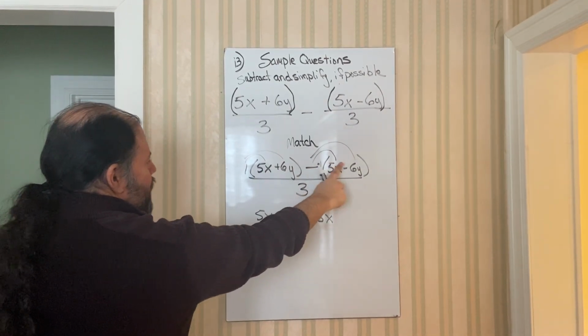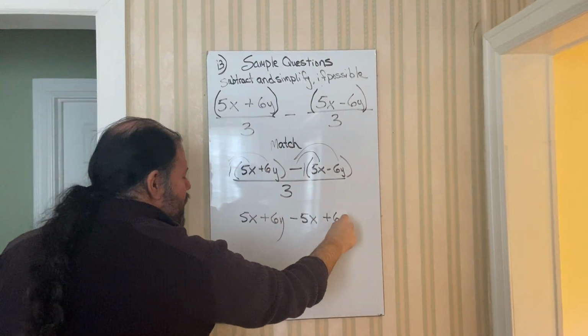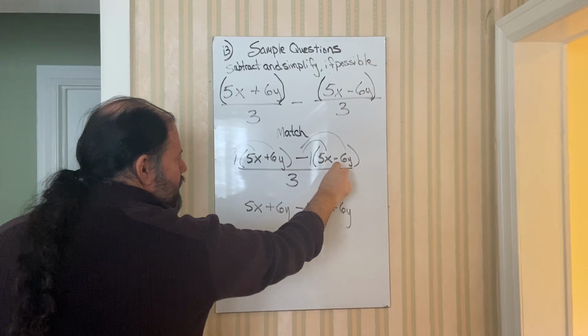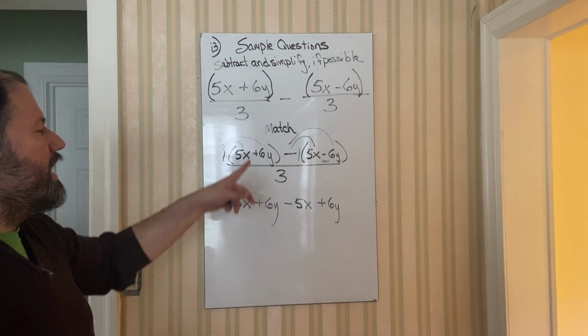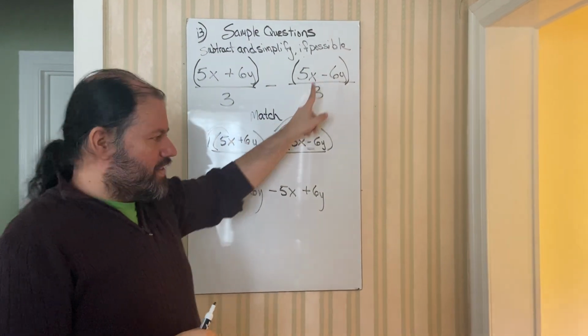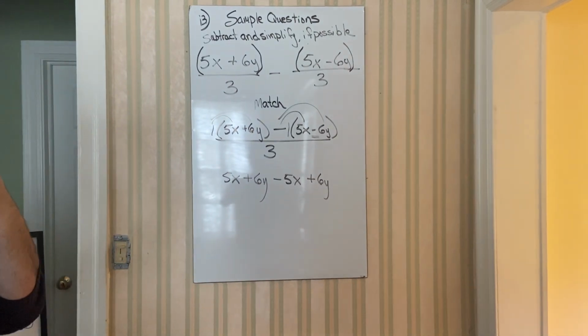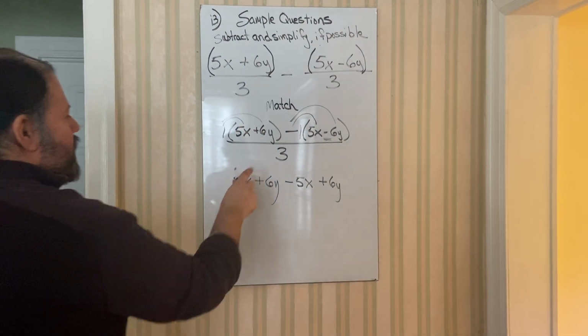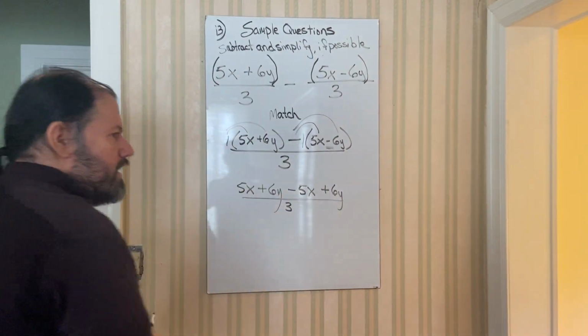But negative 1 times negative 6y is positive 6y. Notice that change because you're distributing. So like I said, it's not as easy as smushing this all together because you would have kept this as negative 6y. Notice it's a positive 6y when you distribute. Remember, it's still going to be over the same common denominator, 3.